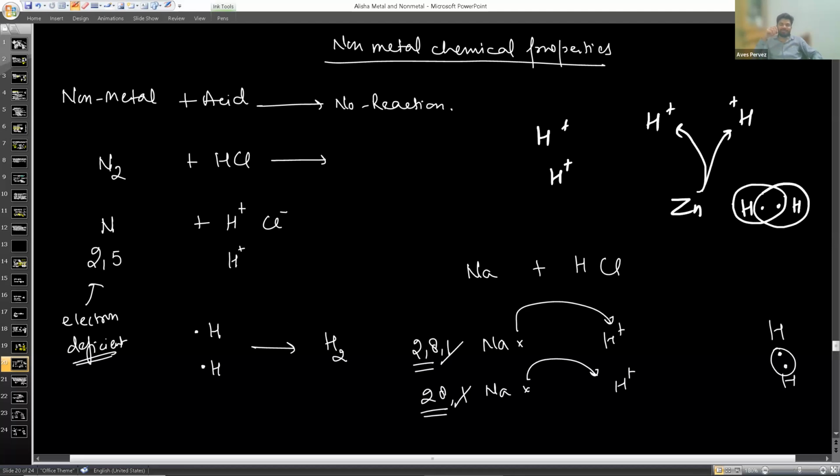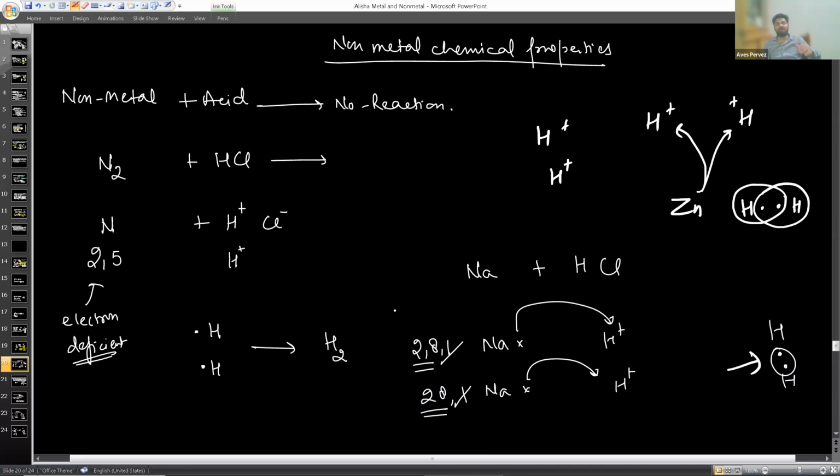So those elements that are electron donors can convert the H+ ions to hydrogen atoms, which can further join to form hydrogen gas. Like sodium, which has electronic configuration 2,8,1. When it reacts with H+, it will donate one electron, and the H+ becomes a hydrogen atom and forms hydrogen gas.